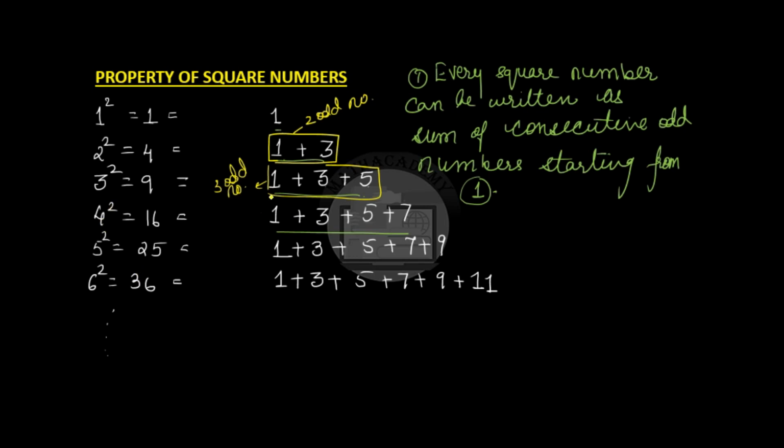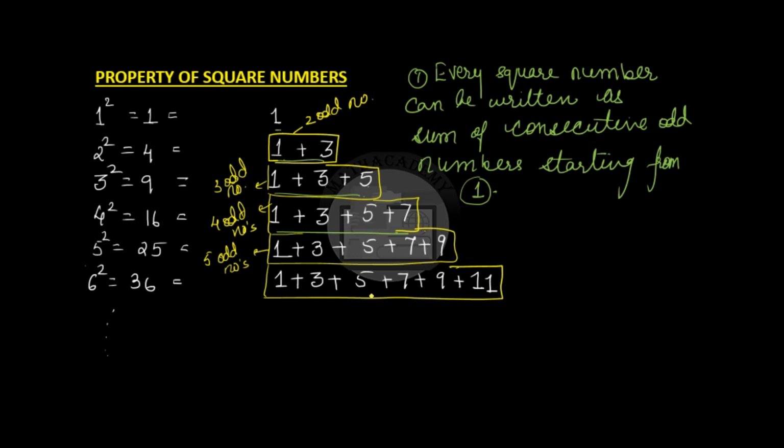We obtain the square of 4 by adding the first 4 odd numbers. In the square of 5, we are adding the first 5 odd numbers, sorry. And in the square of 6, we see that it is obtained by adding the first 6 odd numbers.